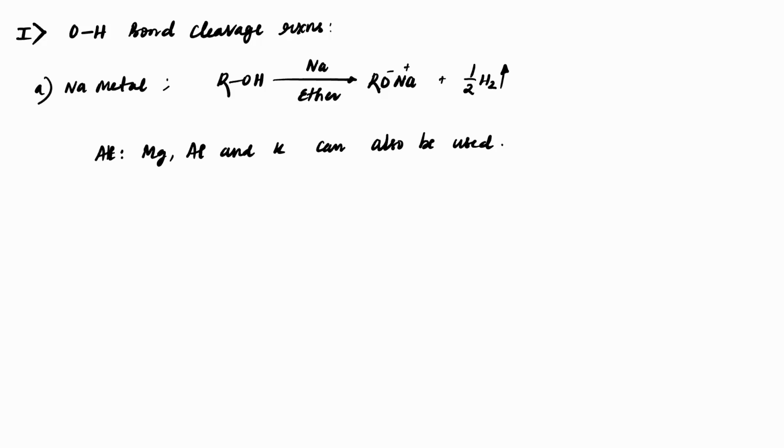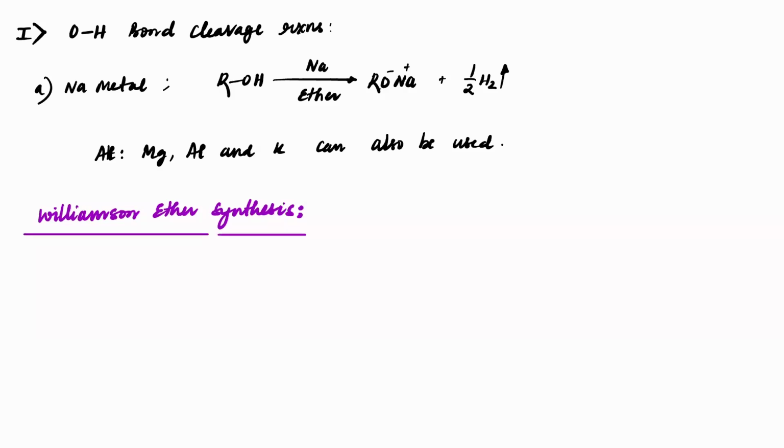Next, once you get this RO minus, it becomes an important reagent for a very standard reaction known as Williamson ether synthesis. Since we have already learned this in alkyl halides, if you could just recall that, what might be the reaction?